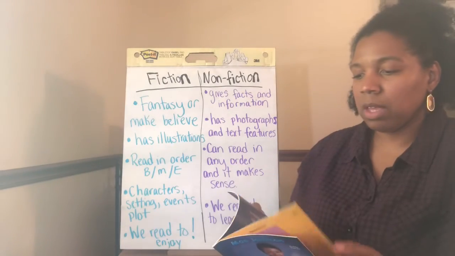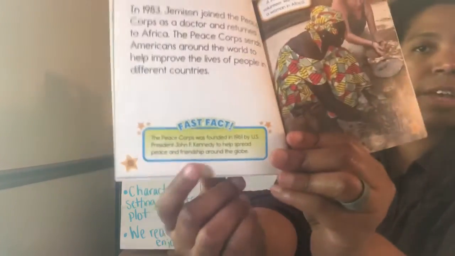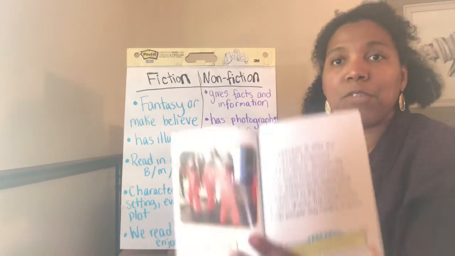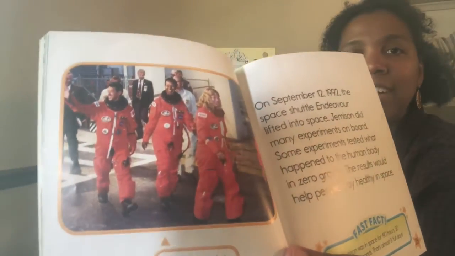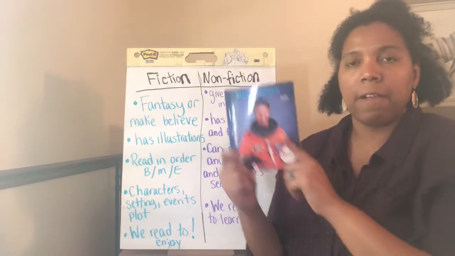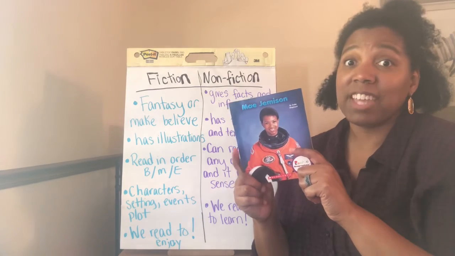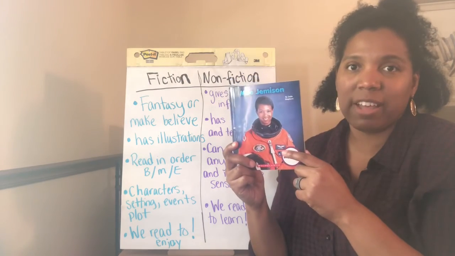Here's a fast fact about her life when she worked for the Peace Corps. That's a caption about Mae. And here is a photograph, not an illustration, of Mae preparing to launch into space. So what do you think this would be? Fiction or nonfiction? Yeah, you're right. This is a nonfiction text.